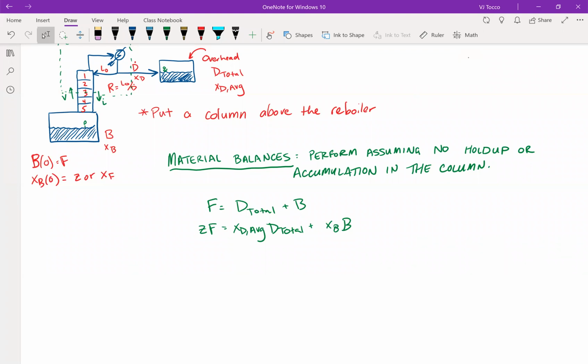And this is kind of where we draw the analogy to the continuous process. So if I drew this square here with the dotted lines encapsulating the top few stages, I'm going to be able to do a material balance in kind of the same way that I did for the whole column. So this is again an integral overall balance, and these are going to be differential top n stages balance.